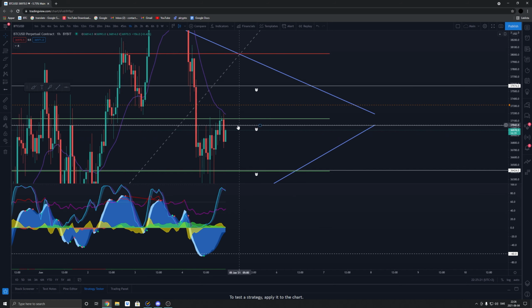We have the support level that I dropped earlier, we have the Fibonacci level, and we have the 21 EMA coming here as well. So we have 3 confluence points in this area, and we can be sure, or at least predict, that we're gonna have a rejection here.